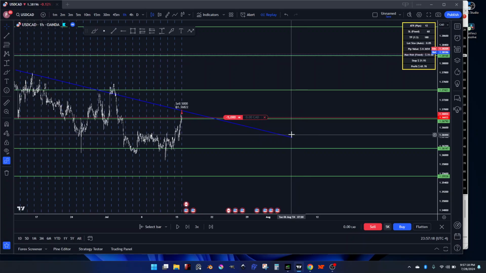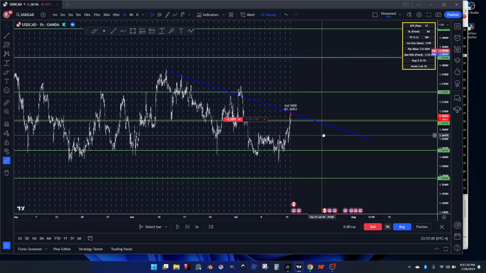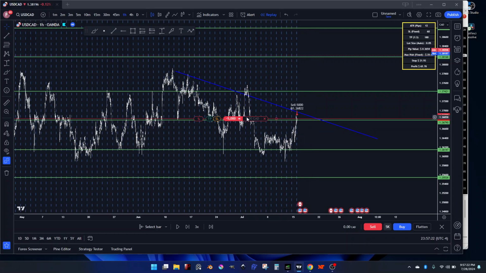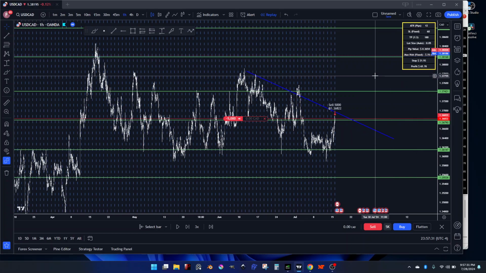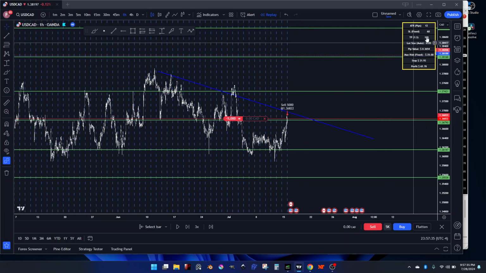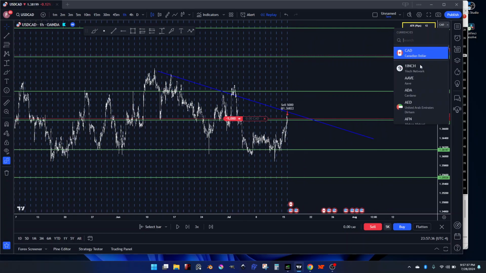Okay, so it's not exactly going to be an exact one-to-one translation, but let's see, what is the pip value? 36.5. I kind of wish you could convert. Let me see if I can do this real quick.